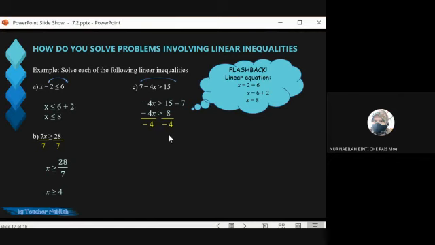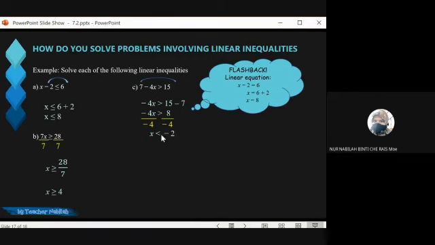Okay, now the problem here is you divide by a negative number. When you divide by a negative number, this symbol will change to less than. This one you cancel already, so you get x. More than will become less than. 8 divided by negative 4 equals negative 2.